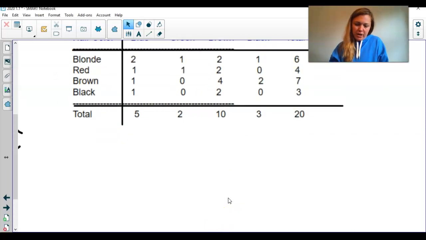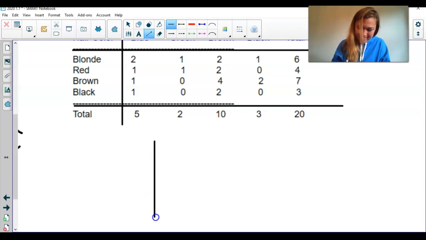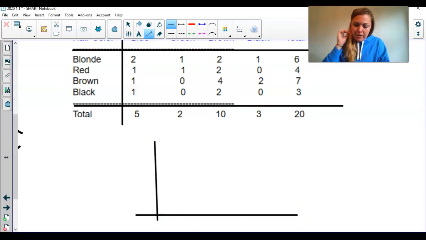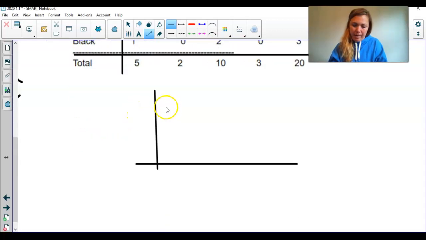So I did a little survey and I said, okay, I have 20 people. I didn't really do this, I just got this table from Mr. Jans, actually. And down here, it doesn't matter what you put on your x-axis, especially in this case, because I have 1, 2, 3, 4. It doesn't really matter, okay?